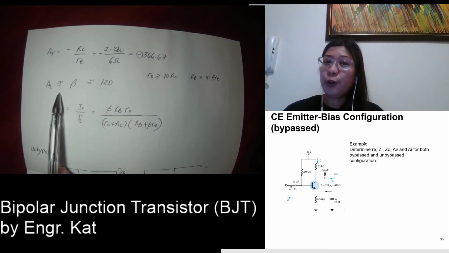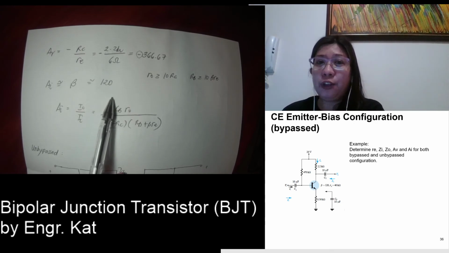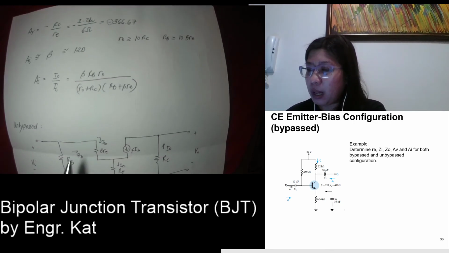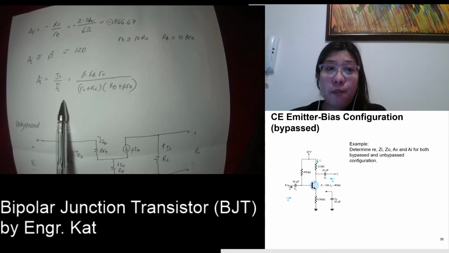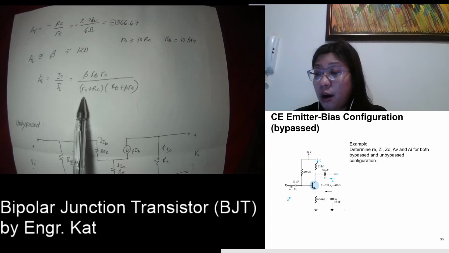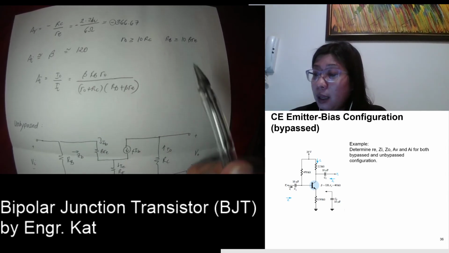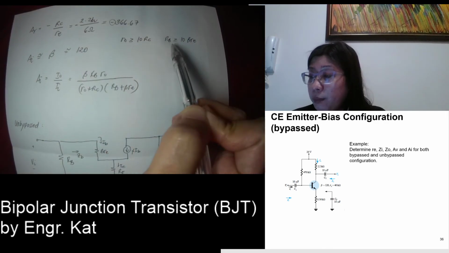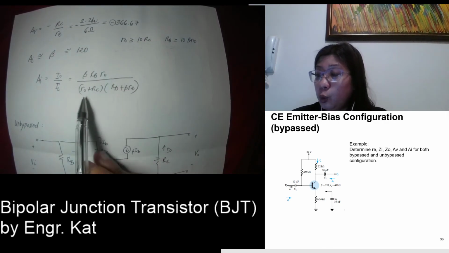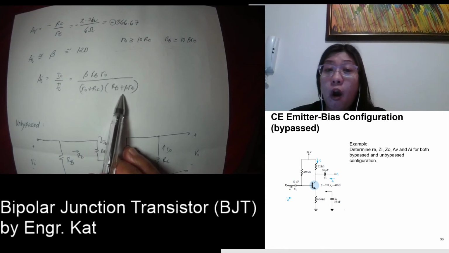So for the current gain, for common emitter, your current gain is approximately equal to beta, which is equivalent to 120. Actually, the real formula for this is IO over I input, which is beta RB RO divided by (RO plus RC)(RB plus beta RE). But if we satisfy these two conditions, this will just be equivalent to RO and this will just be equivalent to RB.